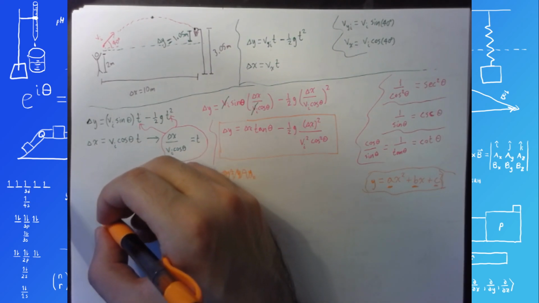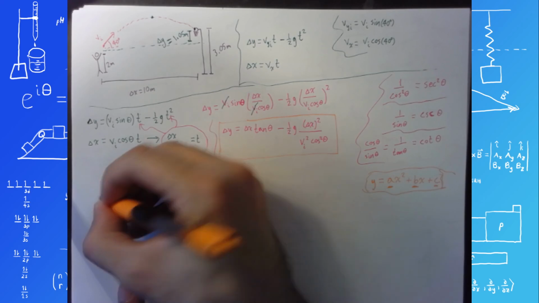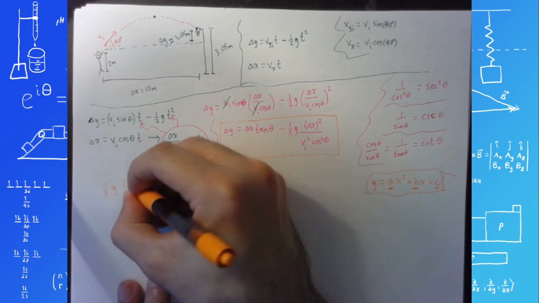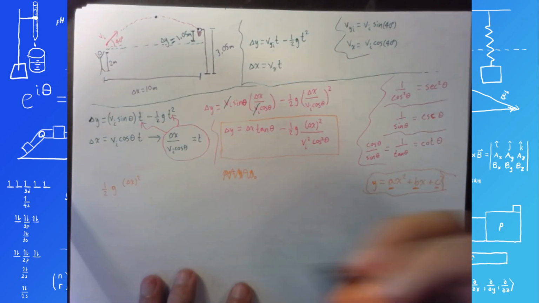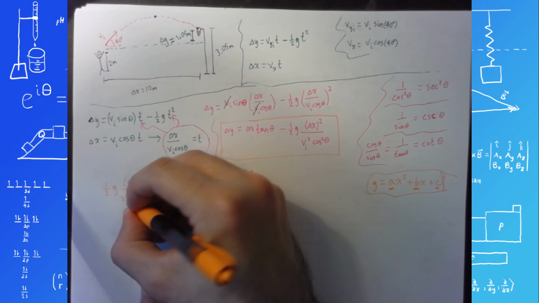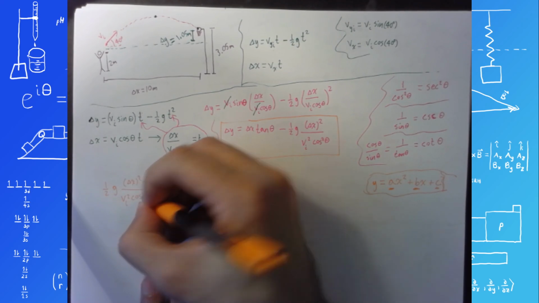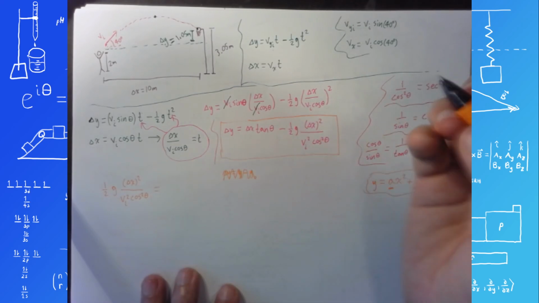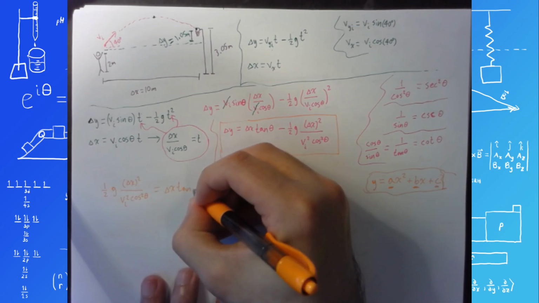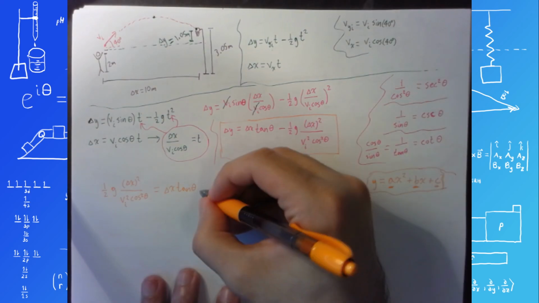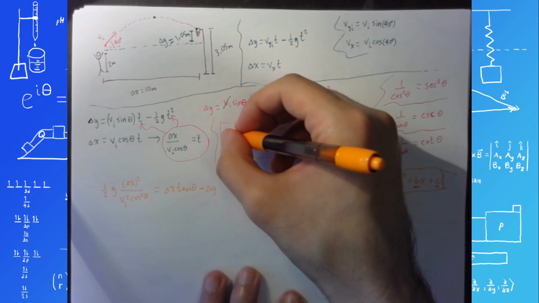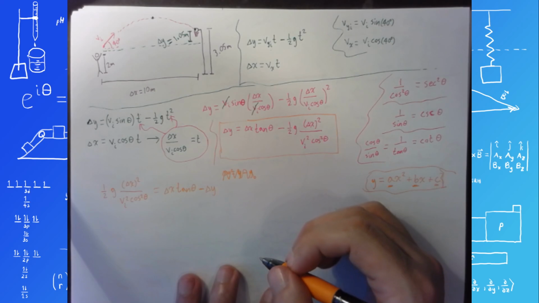So I'm going to have 1/2 g delta x squared over v initial squared cosine squared theta is equal to delta x tan theta minus delta y. I added all this to the left and subtracted the delta y over to the right.